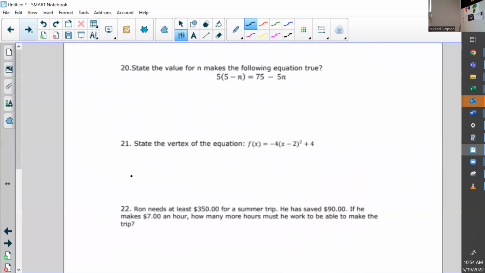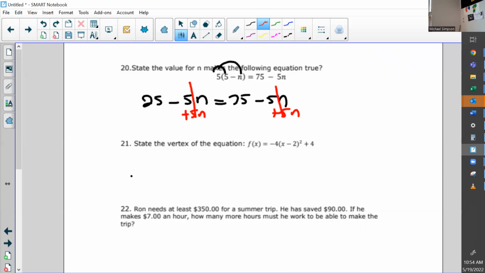20. State the value of n that makes the equation true. When it says state the value of n, solve for n, that's all they're asking for. So let's solve for n. I'm going to distribute. 5 times 5 is 25, minus 5n is equal to 75 minus 5n. If I add plus 5n here, plus 5n there, what do I get? That becomes 0, that becomes 0.